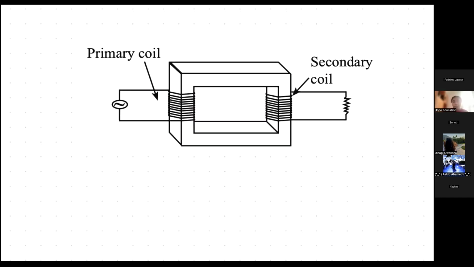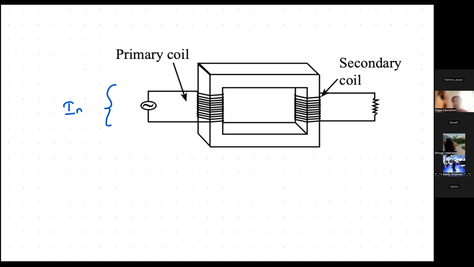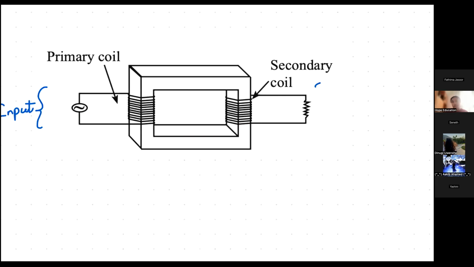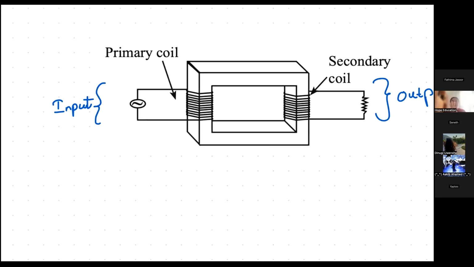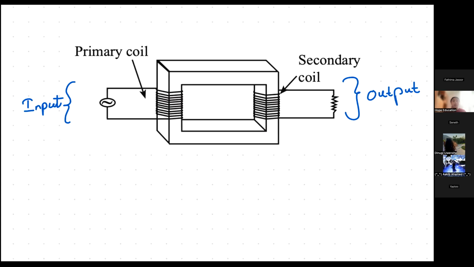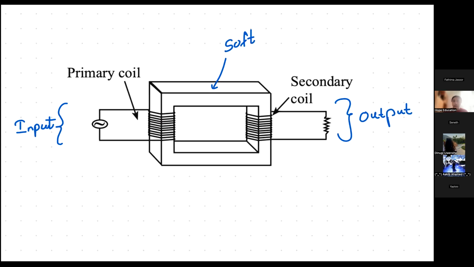The primary coil we also call the input, and the secondary coil we also call the output. The primary coil is the first circuit, also called input. The secondary coil is the second circuit, also called output. The middle structure is formed of soft iron.